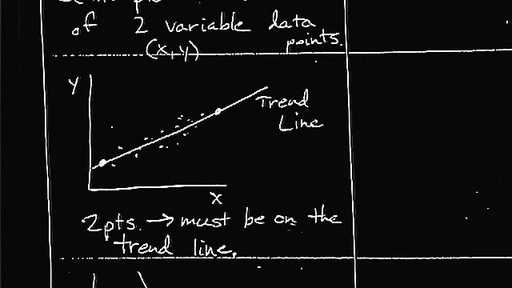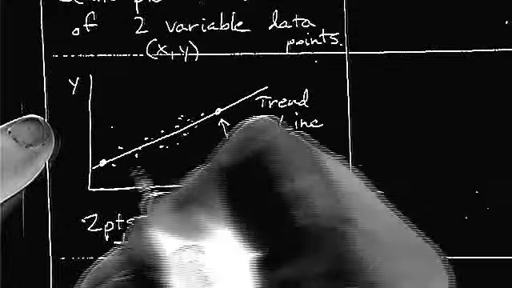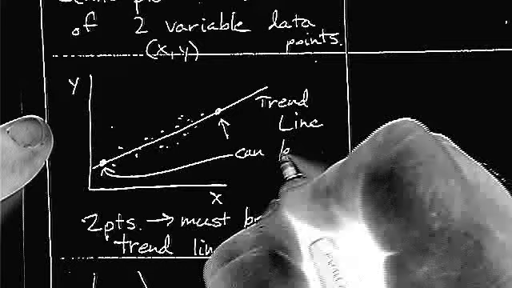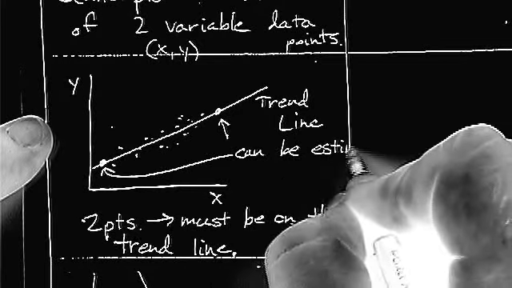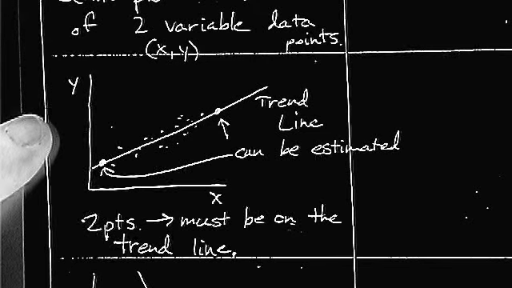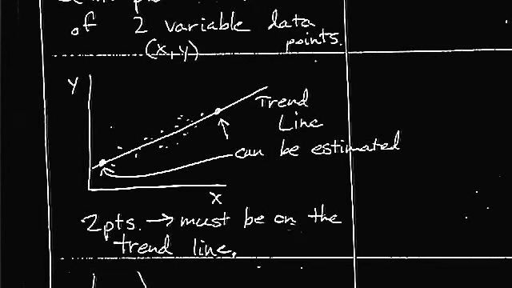Now, we need 2 points that are on that line. I know you think they have to be data points. They do not. These 2 points can be estimated. Sometimes my line goes through a data point. Yes, you may use the data point.